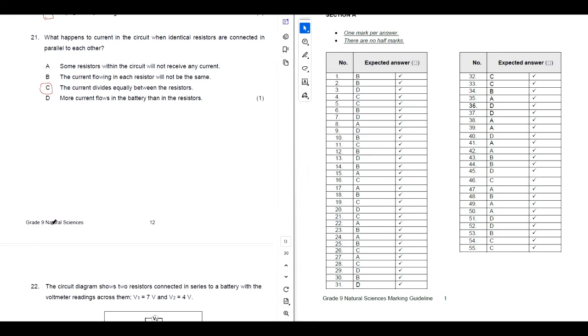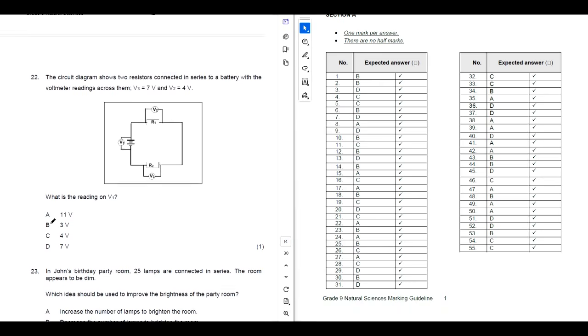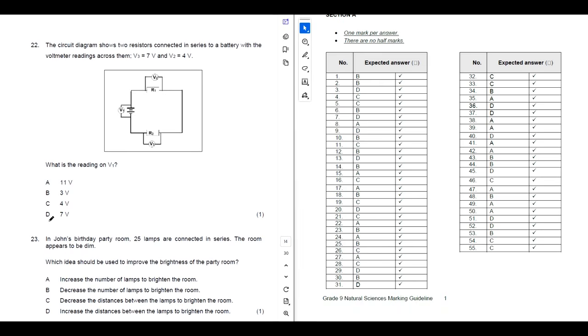Okay, and then next we will move to question 22. Question 22 says that the circuit diagram shows two resistors connected in series to a battery with the voltmeter readings across them. We can see here that V3 is equal to 7V and V2 is equal to 4V.